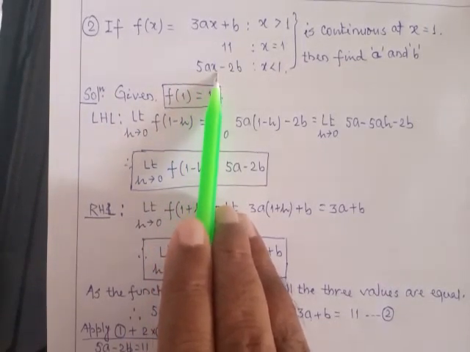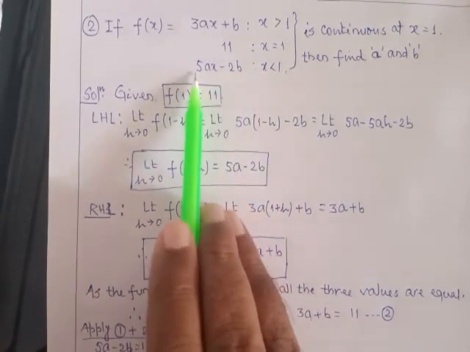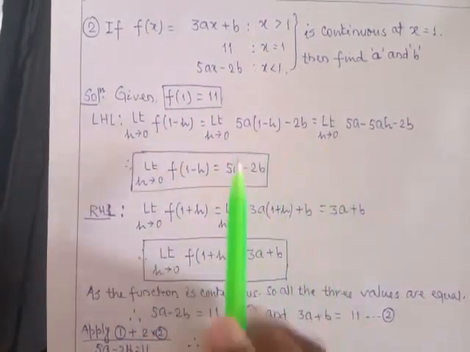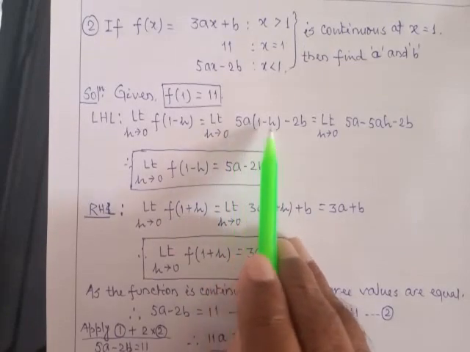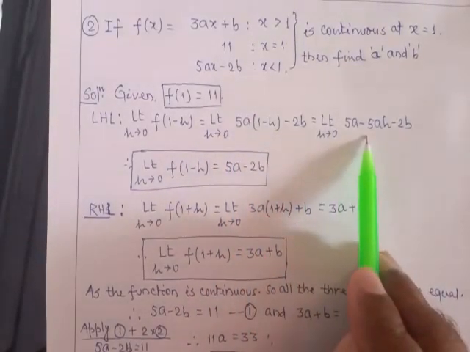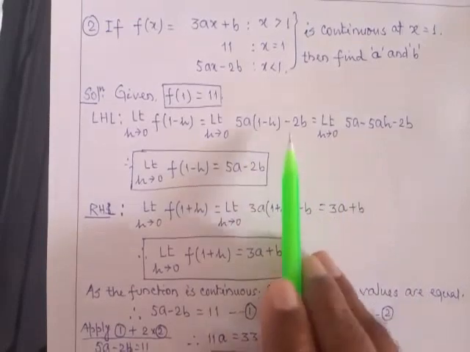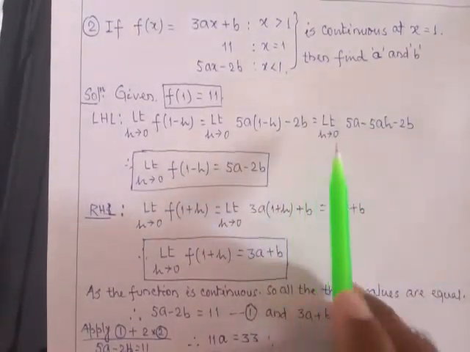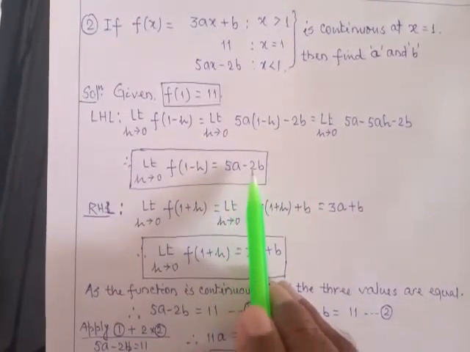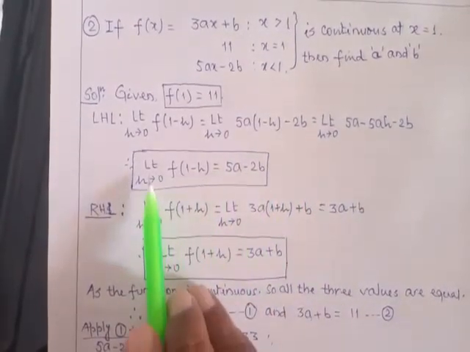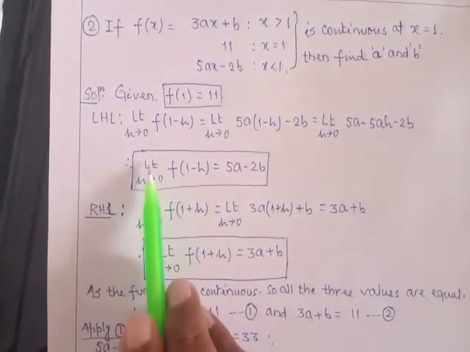Calculate its value. It should be 5a minus 5ah by opening the bracket, minus 2b. So now put h tends to 0, then it should be 5a minus 2b. This is the value of the left hand limit.